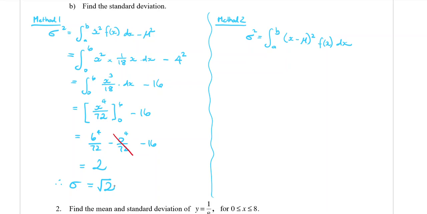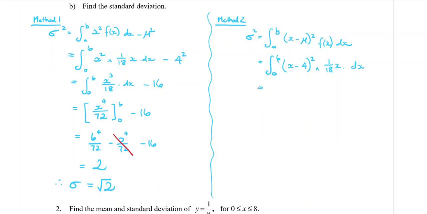Let's use the second formula just to prove that we can do it both ways. So the second formula, I'm integrating between 0 and 6. I need to do x minus the average, which was 4, bracket squared, times f of x, which is 1 over 18x dx. Okay, I can't integrate it like that.